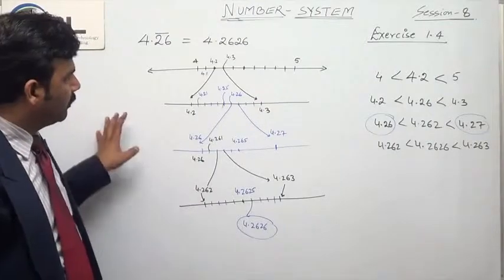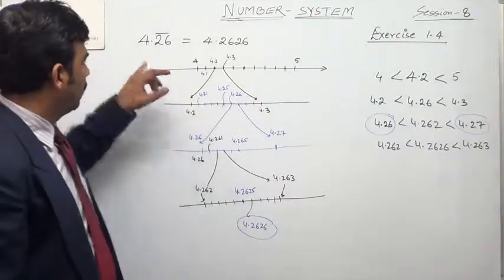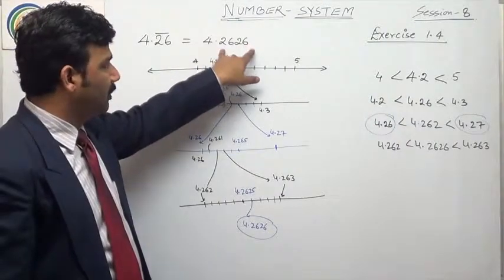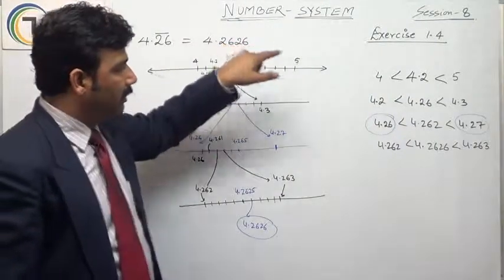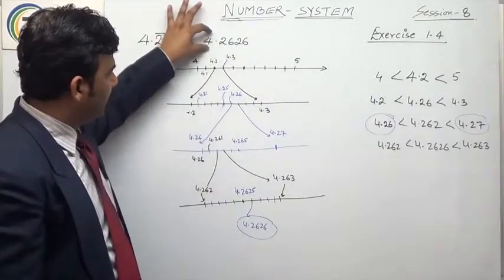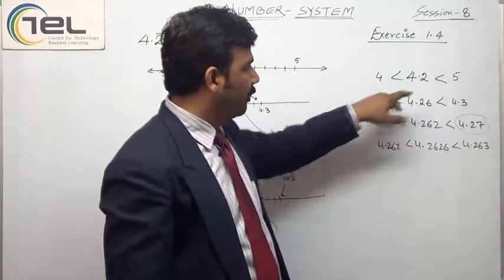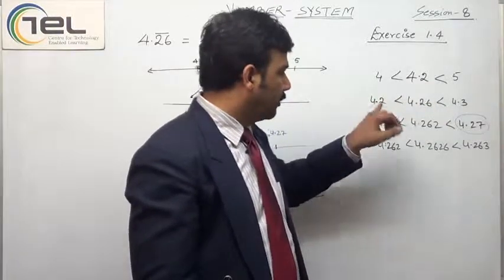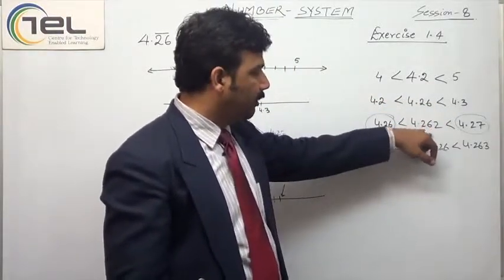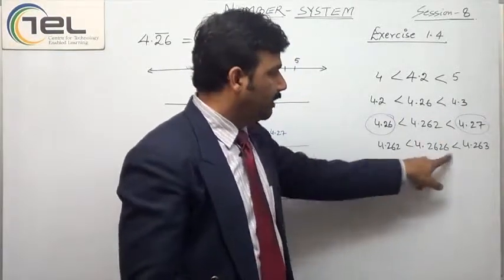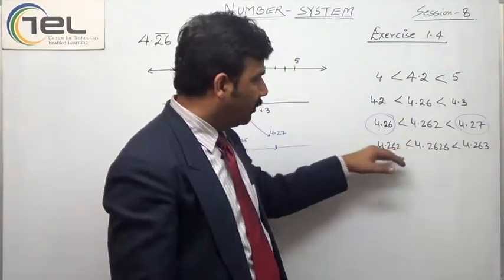Let me repeat this again. First of all, they asked for only 4 decimal places, so we write the number up to 4 decimal places. The first decimal place lies between 2 integers. The second lies between 4.2 and 4.3. The third lies between 2 three-decimal numbers, and the fourth between 3 decimal places.